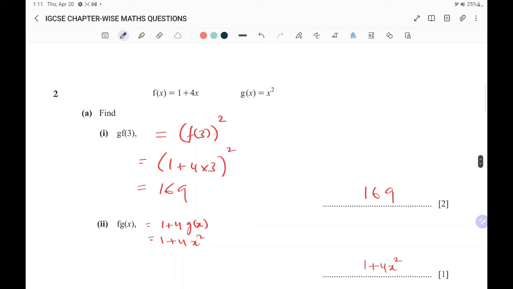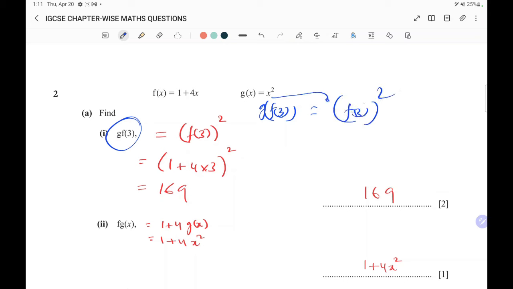You can understand. f of x is 1 plus 4x, gx is x squared, and g of f of 3. First of all, we need to find f of 3, or you can substitute f3 here. So g of f of 3, and x is f of 3.